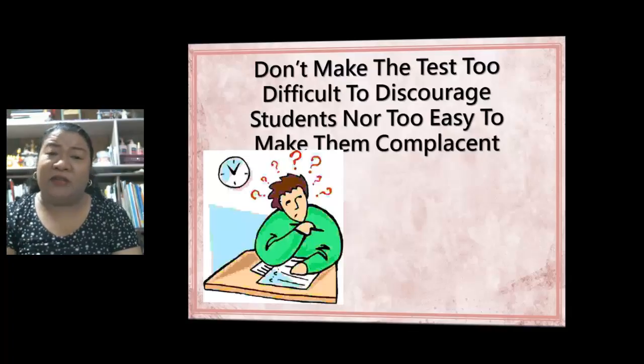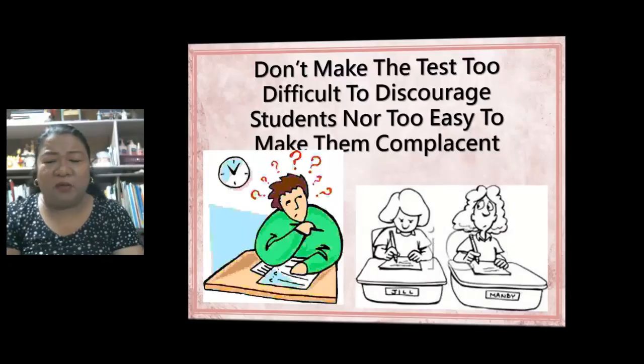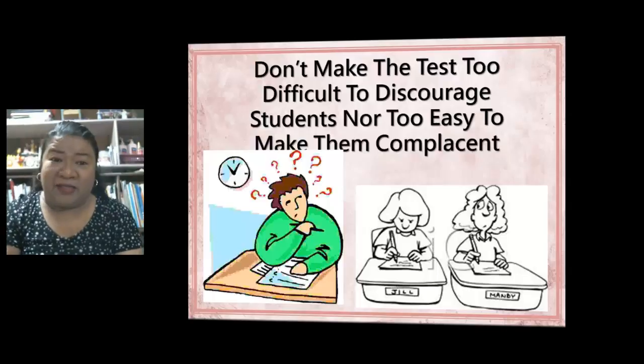So that will really discourage the student, no? But don't make it too easy, as also it will no longer motivate them to work hard on your test. So it must be something that's really based on the objectives and something that will really provide challenge, but also lead to success.